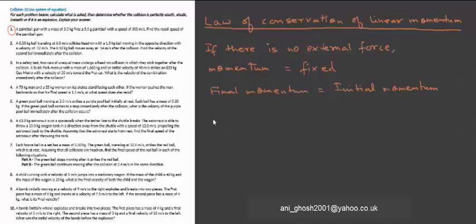So if you take small m as the mass of the bullet and small v as the velocity of the bullet, that is equal to capital M, which is the mass of the gun, multiplied with capital V, the velocity of the gun. So you have your gun like this. I'm not that great at drawing, excuse me. When the bullet moves away in this direction with a momentum of mv, initially the momentum of the system was 0, right?